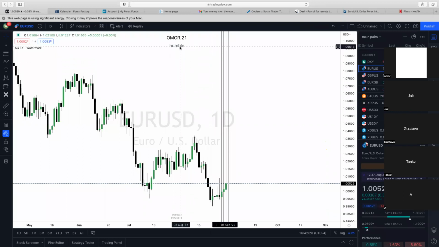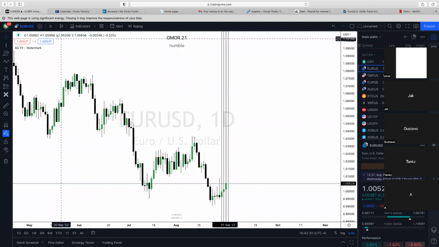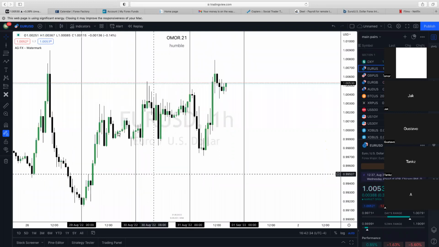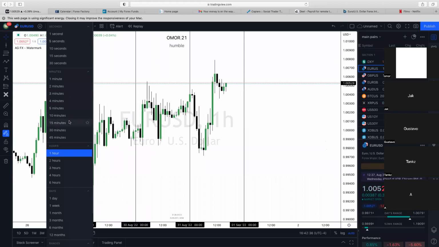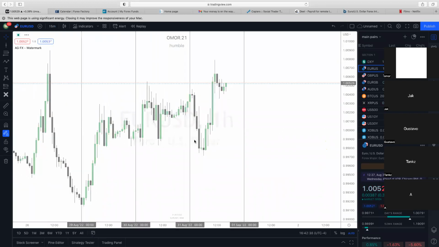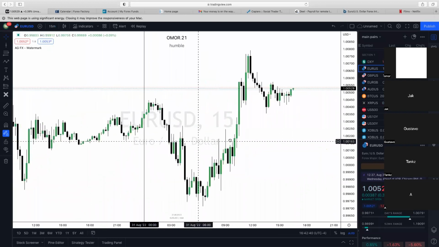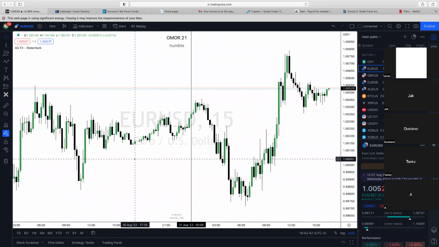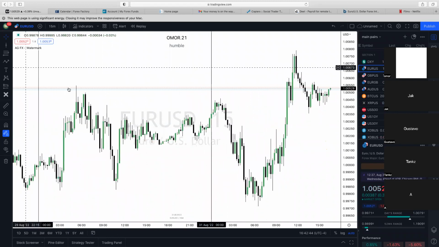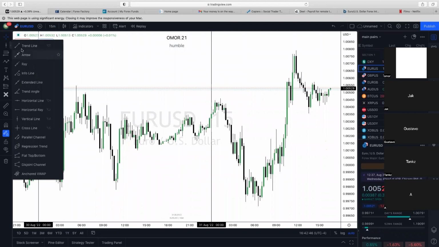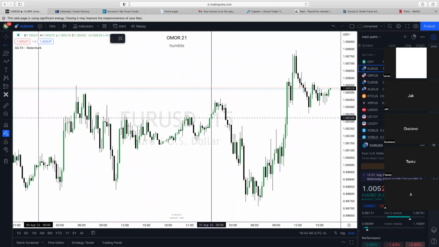The London Judas is in conjunction with the Asian range. So let's look at this with more of a magnifying glass. If we go on the 15-minute, let's touch on a few things for the London Judas. The first thing you need to do is outline this.